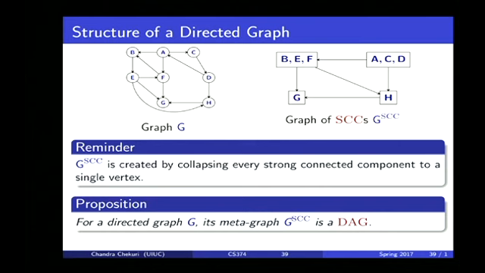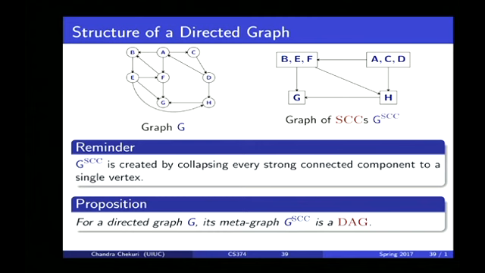The naive algorithm is, look at a node, find its strongly connected component. That we can do efficiently. How do you find the strongly connected component containing a node? You find all the nodes it can reach, find all the nodes that can reach it, and take the intersection.